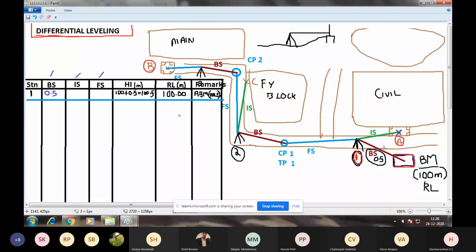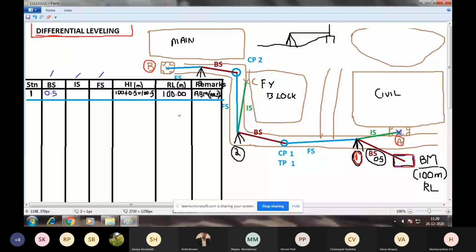Next, I will take point A, which is here. This is the floor of the civil block. I have to find the difference in elevation between point A and point B. So I'll take a staff reading on point A. Do I know the elevation of point A? I don't know the elevation of point A.